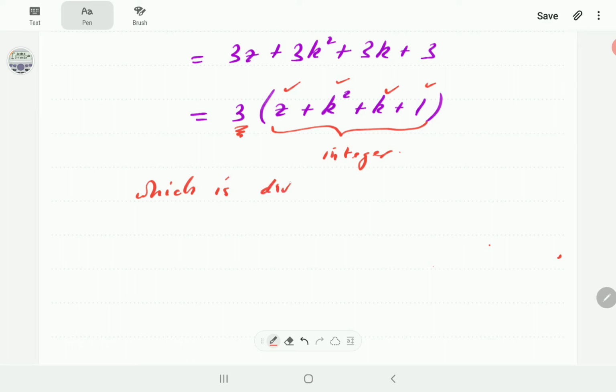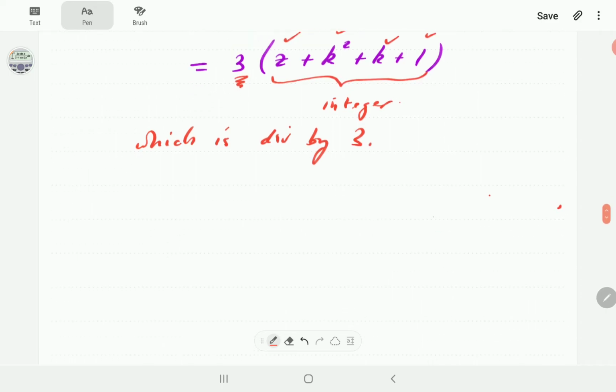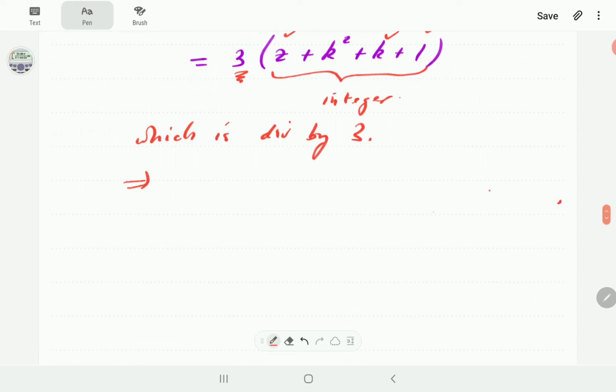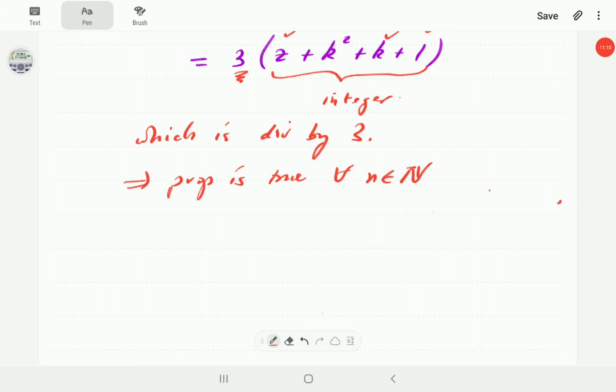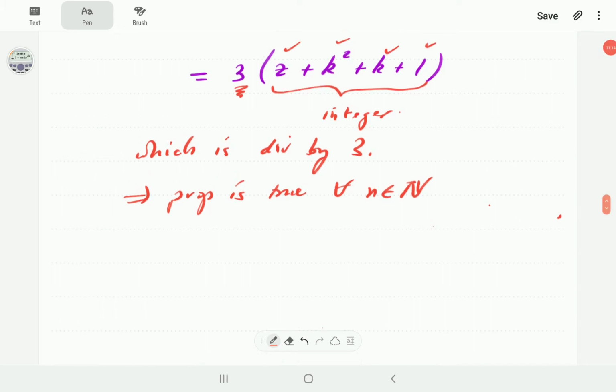So that implies that this proposition is going to be true for all natural numbers. Right, so that covers the first one. Let's now go to the second one.